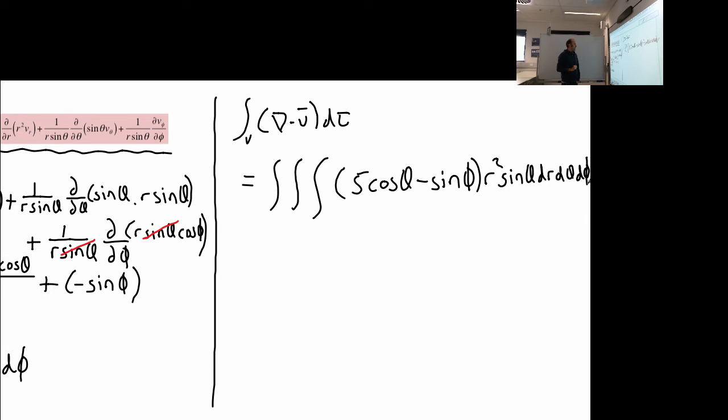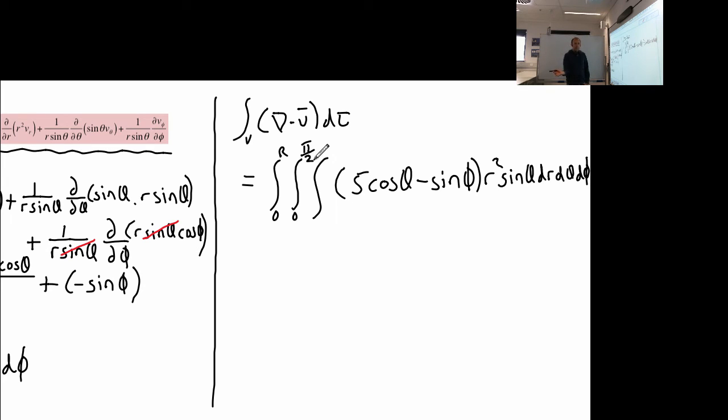So now what are the limits for our integrals? For r, it's between 0 and big R, which is the radius. For theta, we're only considering a hemisphere, so we go from 0 to pi over 2. That's for our polar angle theta.